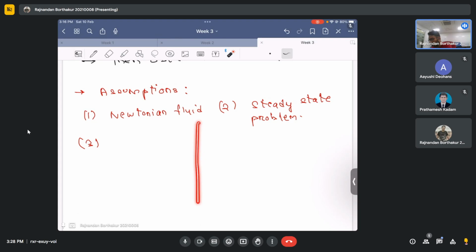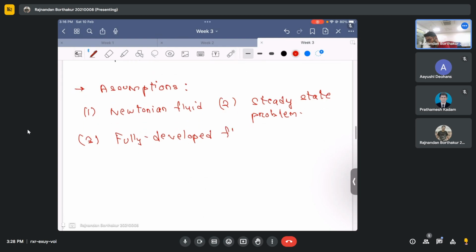We are only interested in some middle portion of the belt, and this is where we look into the physics of the problem. This is the idea behind the fully developed condition.